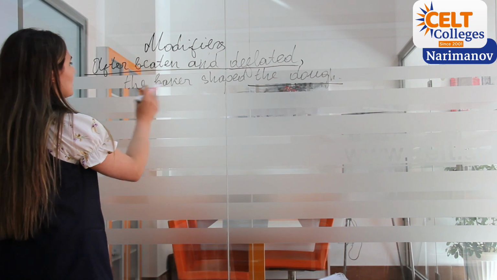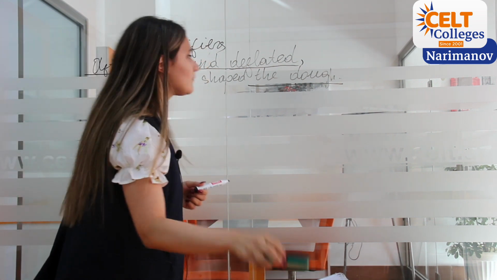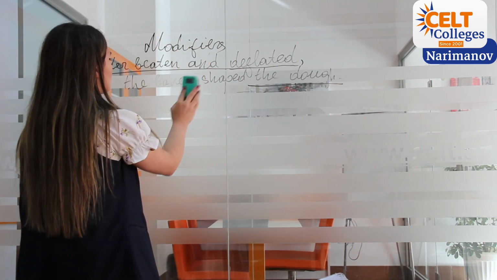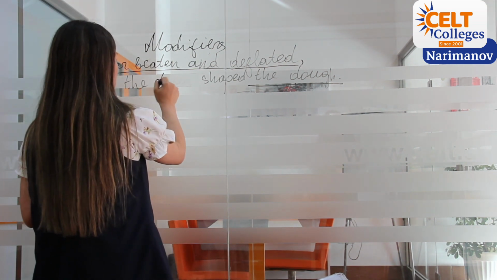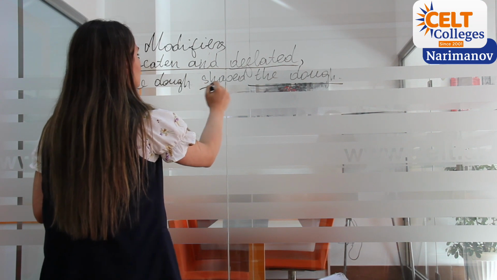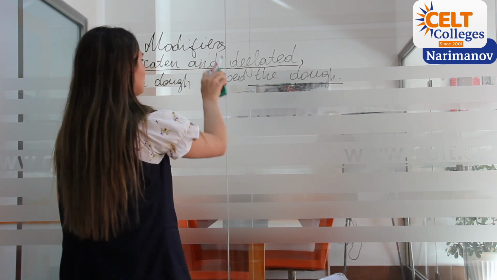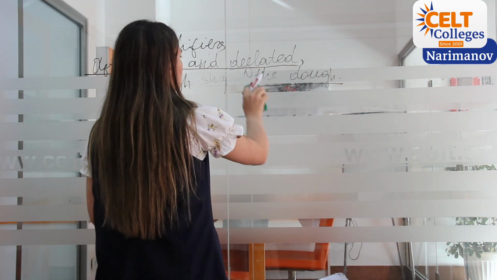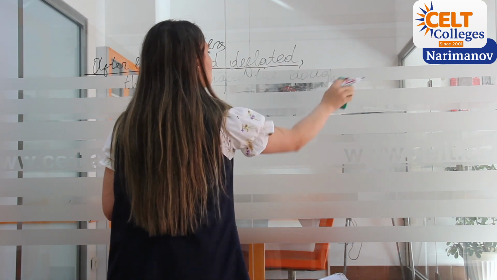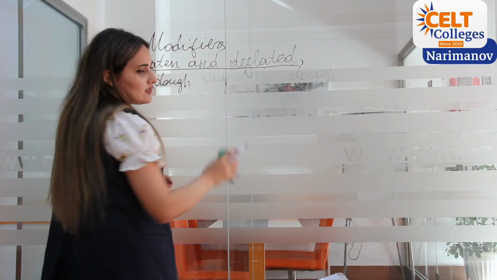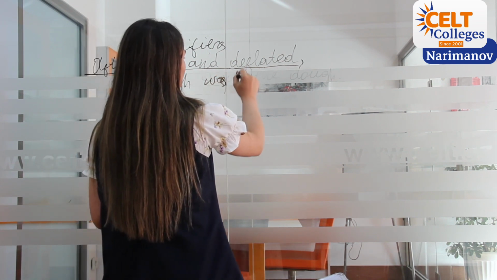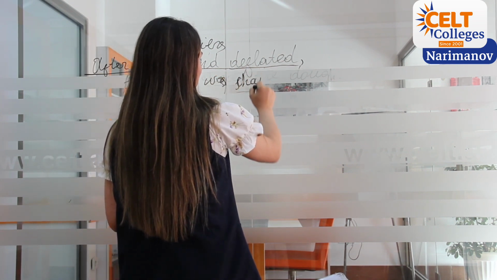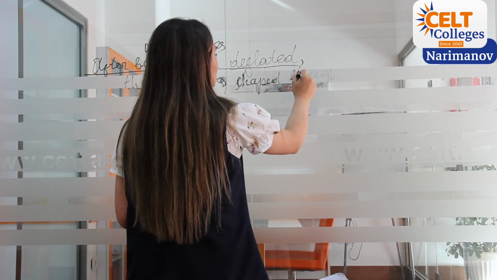And it will be the dough. So I use shape in the past simple, that's why I have to use the past passive form for it. The dough was shaped by the baker.